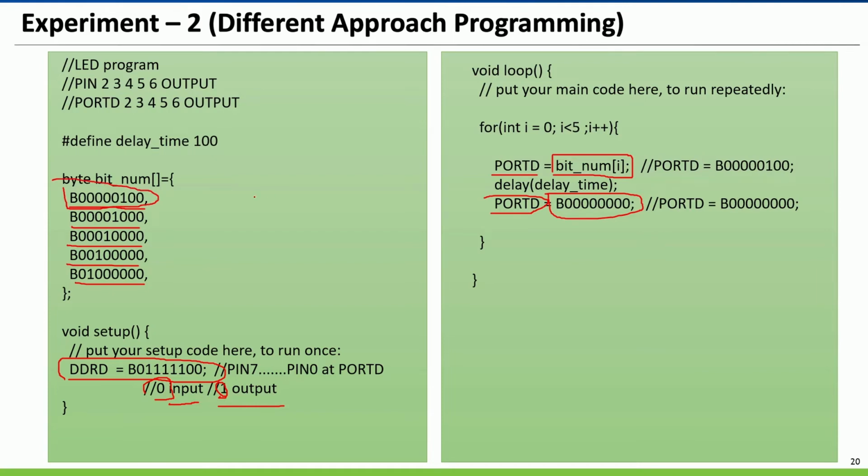Actually, this is port D. So basically, you use pins 2, 3, 4, 5, 6 in Arduino. In this case, you use only port D, and 0, 0 means pin 0 and pin 1 in Arduino Uno. So you declare the binary output something like this.